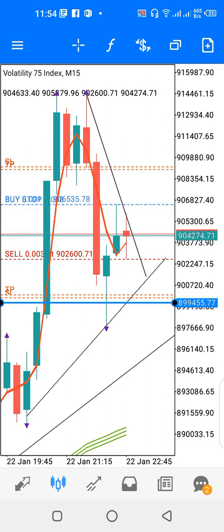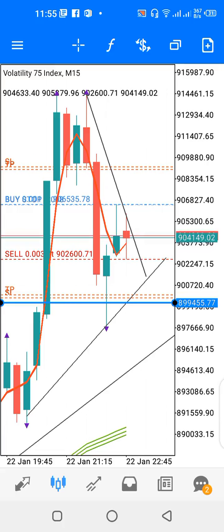The Grail Hedge strategy is a very good strategy, and we now have an advanced Grail Hedge strategy. A video will be done on that shortly, whereby it's a win-win situation. That's the advanced part of this strategy.